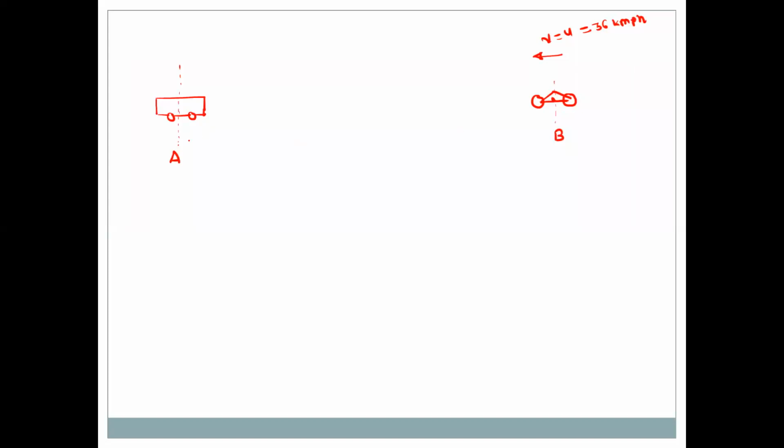Scooter reaches the starting point of the car after 30 seconds. After 30 seconds, car had left from there.